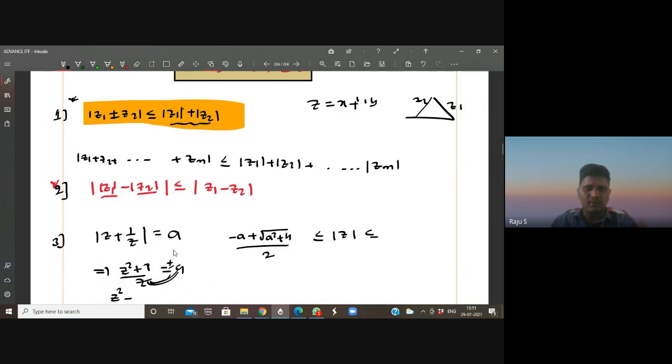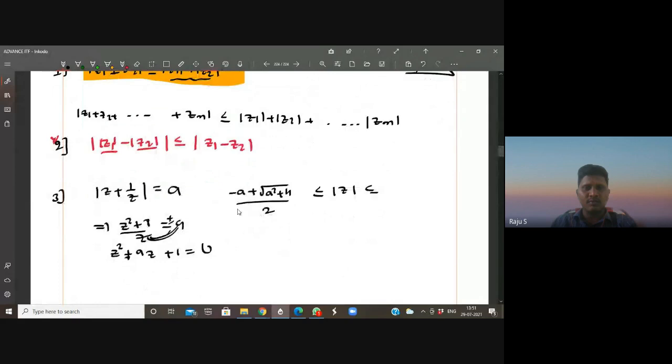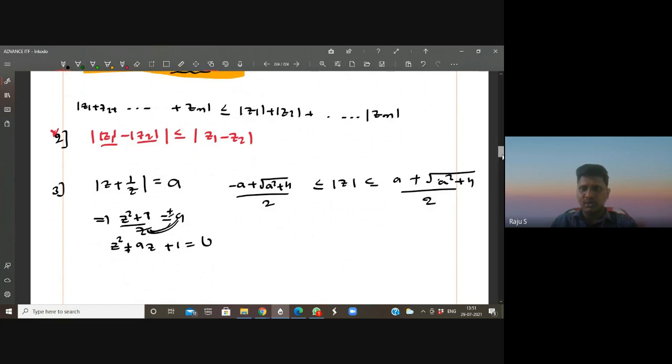So z square plus or minus az plus 1 is equal to 0. We get a complex quadratic equation in terms of z, so the roots are minus b plus or minus root of b square minus 4ac by 2a.